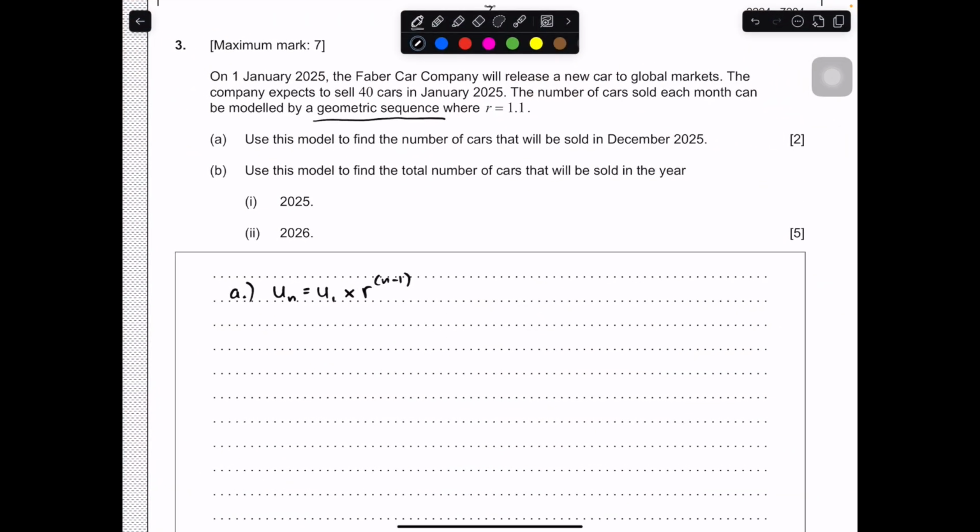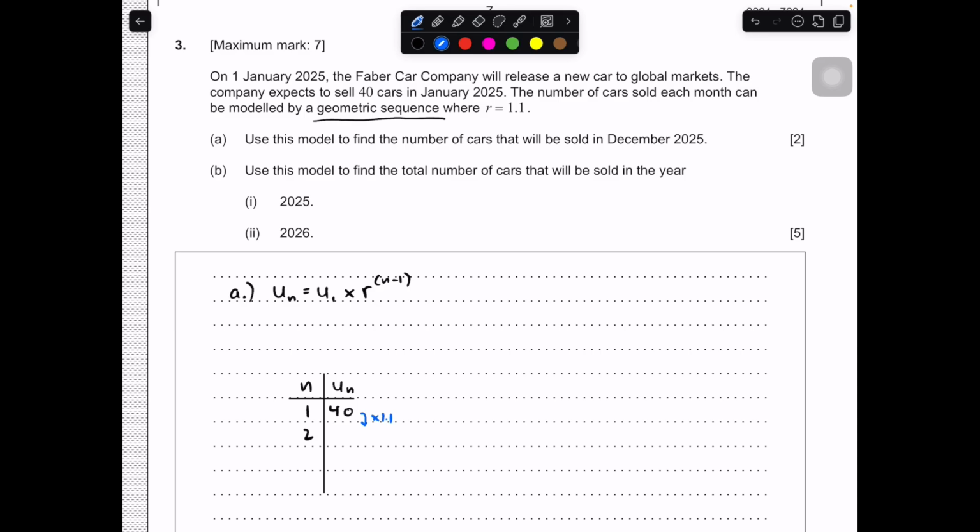All right, so what are these things? Sometimes I wonder if this is too drawn out, but if we draw a table, this is n, and then this is un, the value. This is the first month, we sell 40, and the second month, we multiply by 1.1.